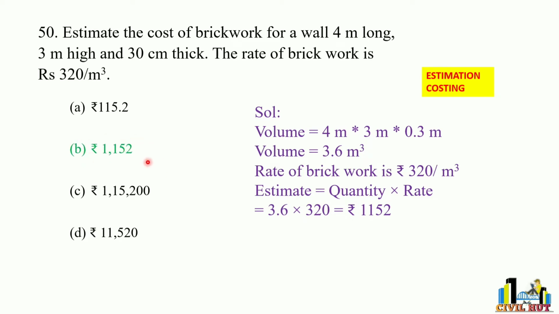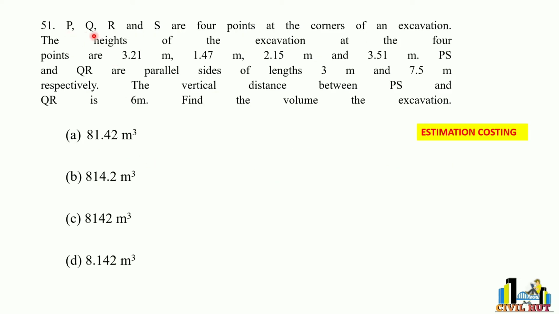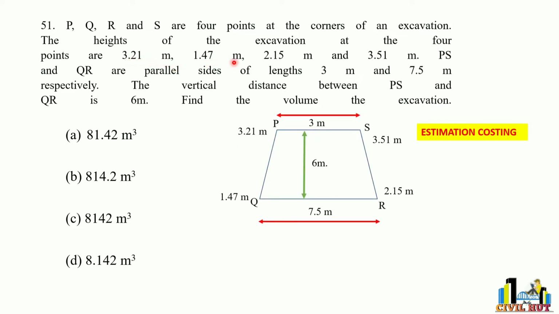Next question: P, Q, R and S are 4 points at corners of an excavation. The depths of the excavation at the 4 points are 3.21 meters, 1.47 meters, 2.15 meters and 3.51 meters. P 3.21 meters depth, Q 1.47 meters depth, R 2.15 meters depth, S 3.51 meters depth.